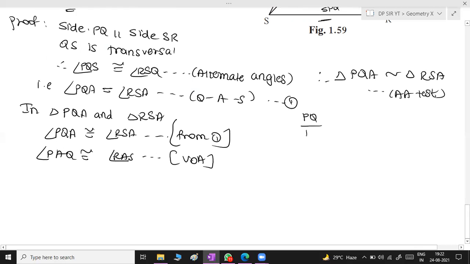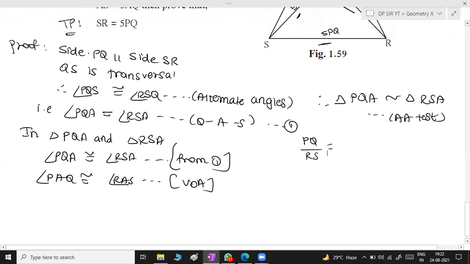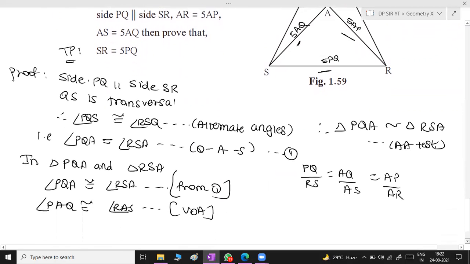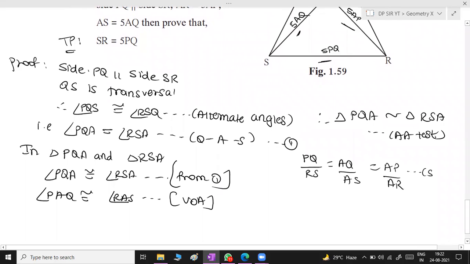Now I can get the ratios, that is corresponding sides of similar triangles. PQ upon RS is equal to, just have a look at the figure, मुझे भी बिना फिगर देखे इतना याद नहीं आता है, so PQ upon RS is equal to AQ upon AS is equal to AP upon AR, and here the reason will be CSST, corresponding sides of similar triangles.